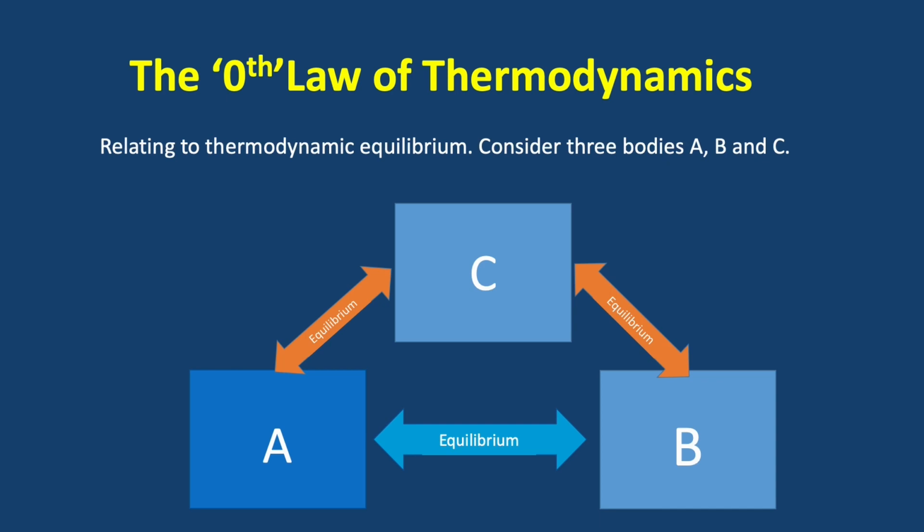And we have this intuitive understanding that that must be the point at which we have thermal equilibrium. That's pretty much enough for us in year 11. It looks at the idea that the average kinetic energy of the particles in A must be the same as the average kinetic energy of the particles in B, which must be the same as the average kinetic energy of the particles in C, if they're all in thermal equilibrium.